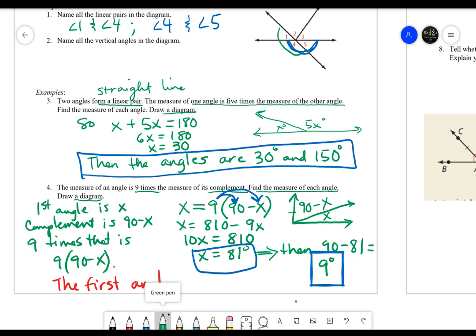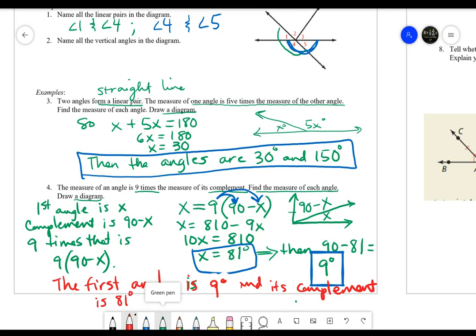The first angle, no, I don't want green. The first one is 9 degrees, and its complement is 81 degrees.